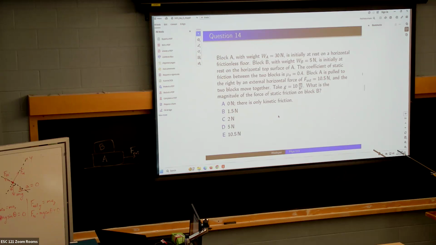That means it is not moving. But there's only friction between the two surfaces. It tells us a frictional state.